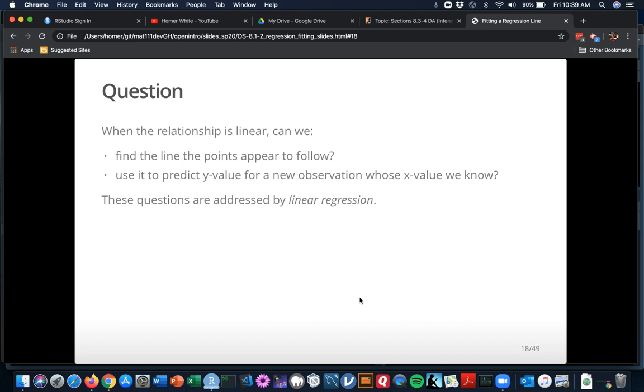Could we find it mathematically, like get its equation? And could we use that line to predict the y value for some new observation whose x value we happen to know? This subject, where we answer these questions, is called linear regression.